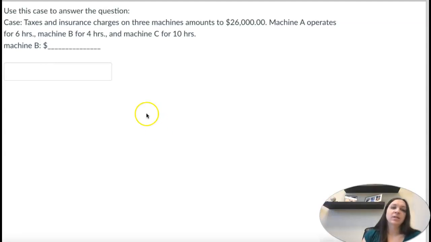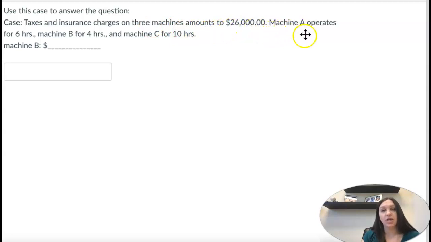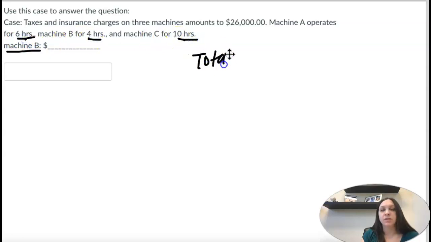Let's do one more. Taxes and insurance charges on 3 machines amount to $26,000. Machine A operates for 6 hours, B for 4, C for 10. Let's look at the cost of B. Remember, first we have to find the total. Total hours, 6 plus 4 is 10, plus 10 is 20.